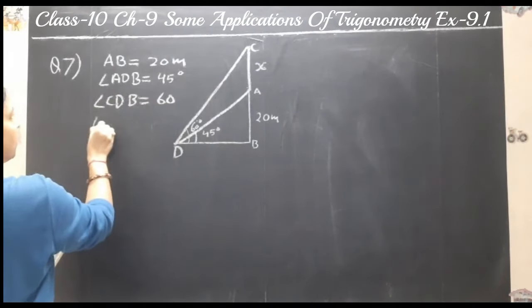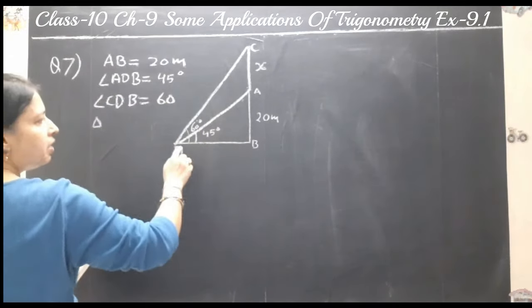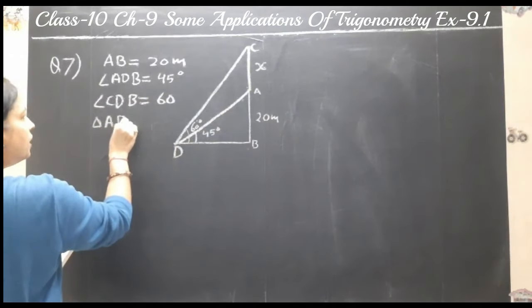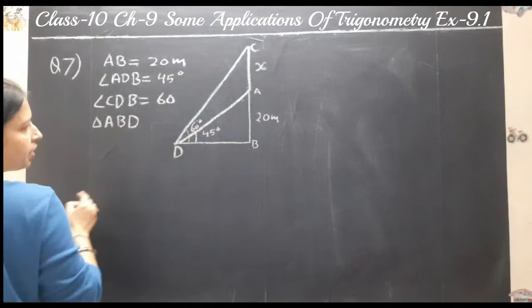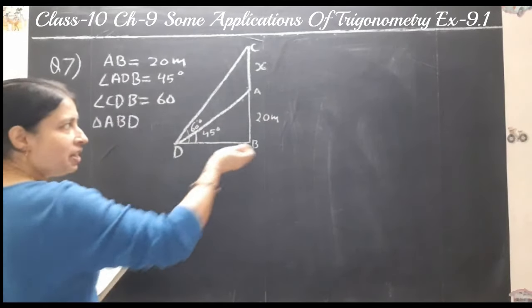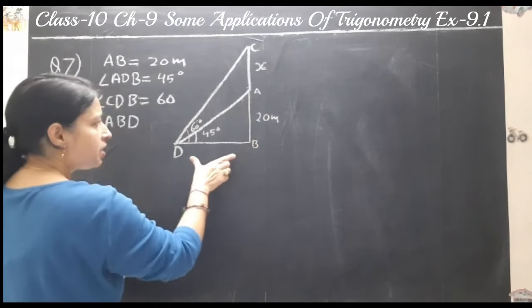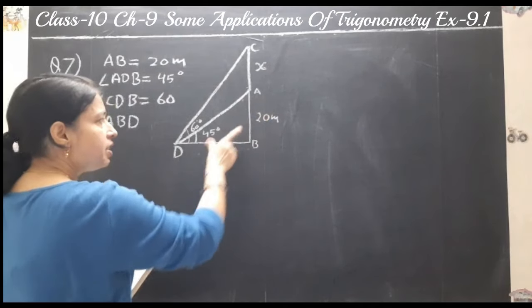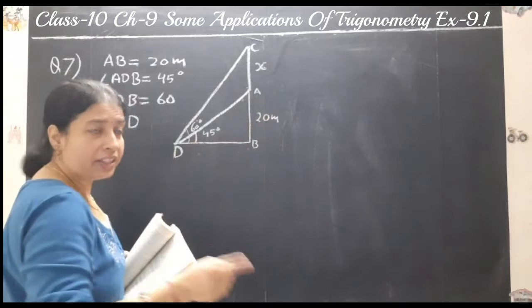So in triangle ABD, what will be the relation between this perpendicular distance and base? Yes, perpendicular divided by base is called tan theta.